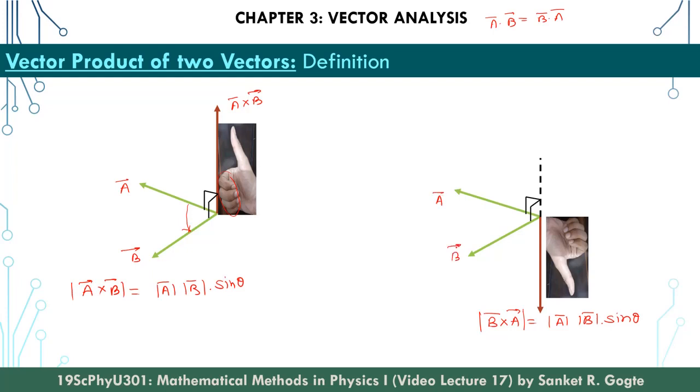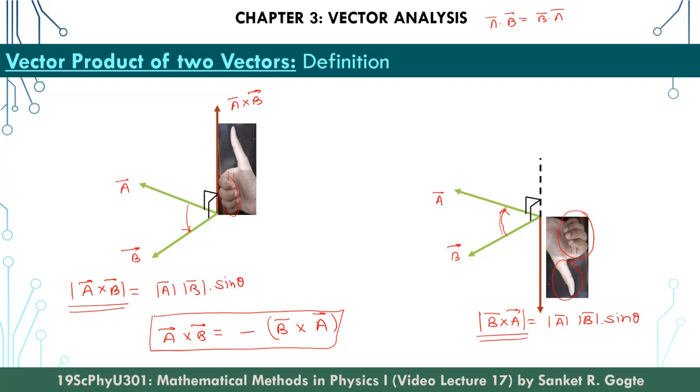We have to rotate from B to A and then hold the fingers of the right hand in such a way that they denote the rotation from B to A, and then the thumb denotes the direction of the cross product B cross A. You can now compare that the directions of A cross B and B cross A are opposite, and therefore A cross B is equal to minus B cross A. Note that they have the same magnitude, which is mod A mod B sine theta, but the direction is opposite, and that's why we have the relation for the cross product of two vectors like this.